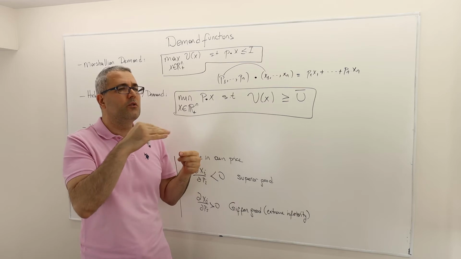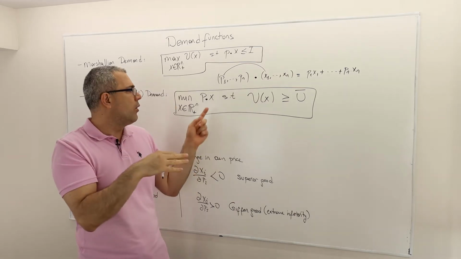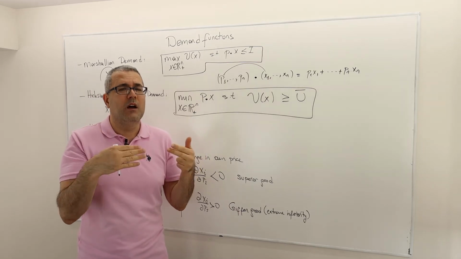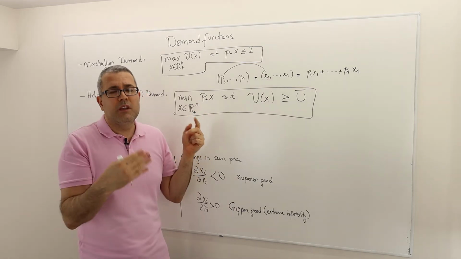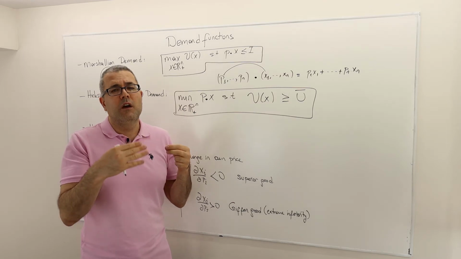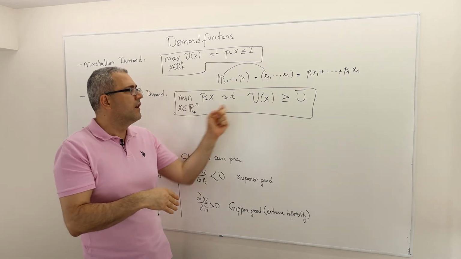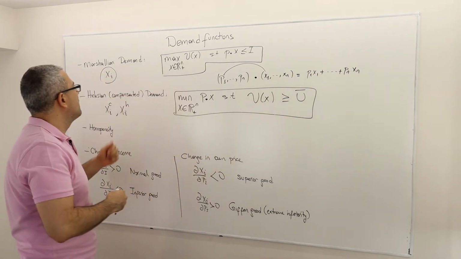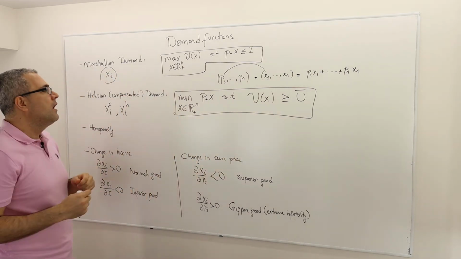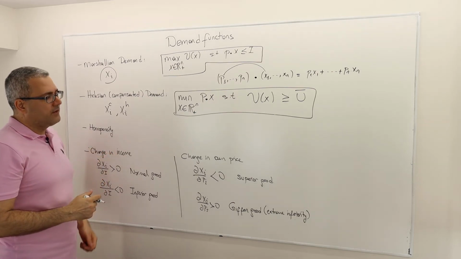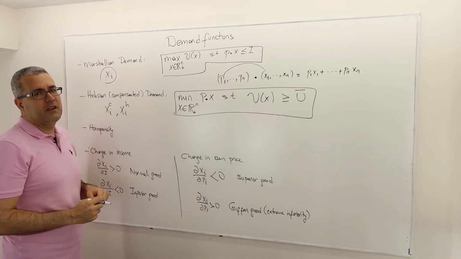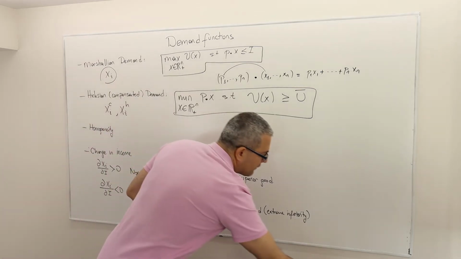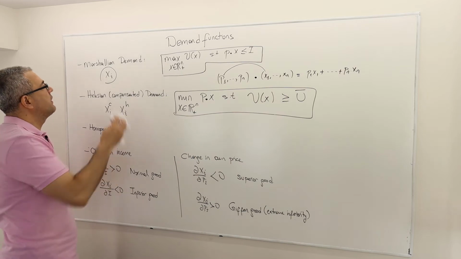The question is, in order to reach this utility, what is the minimum expenditure, what is the minimum income you need? Put differently, what is the minimum level of compensation I need in order to achieve this utility level? So therefore, the compensated demand curve. Clearly the Marshallian demands and the compensated demands are most of the time different, mainly because they depend on different sets of parameters.